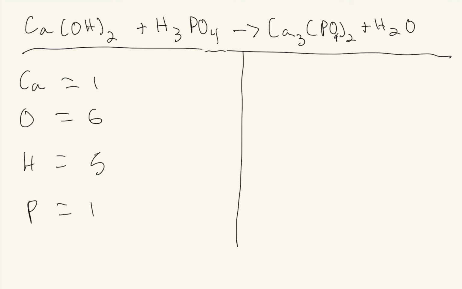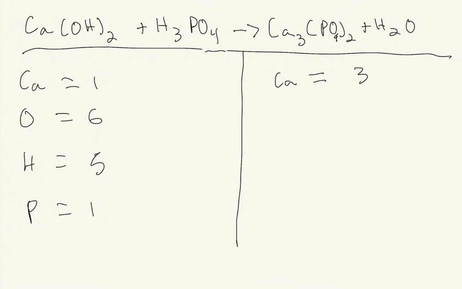A good rule of thumb is to start with things that aren't the oxygens and the hydrogens first, because those are typically seen in a lot of chemical reactions in multiple kinds of molecules or compounds. So you want to start with your calcium and your phosphate first.